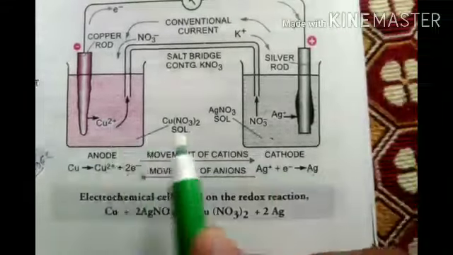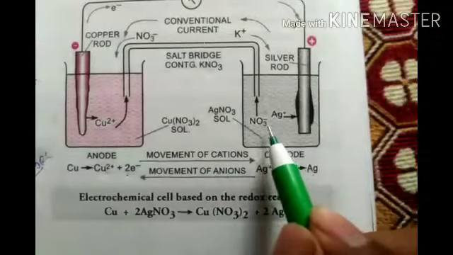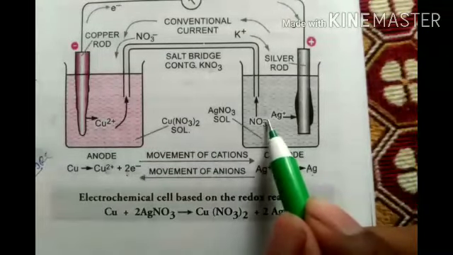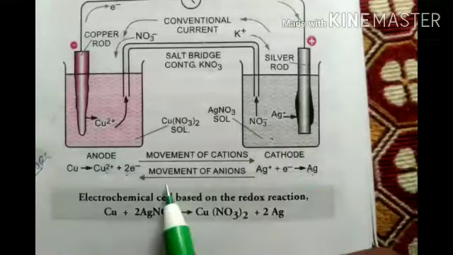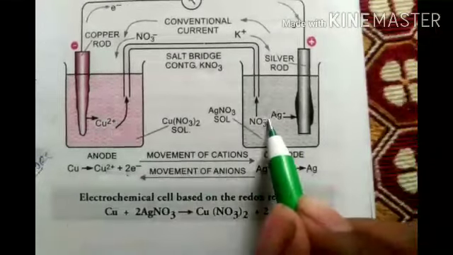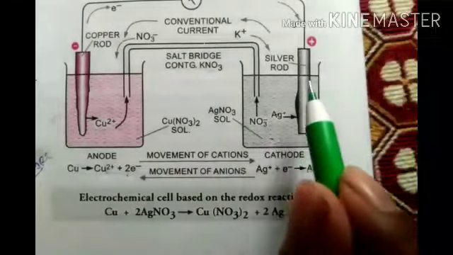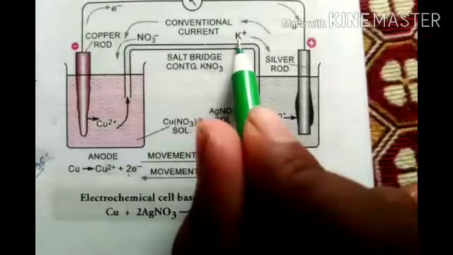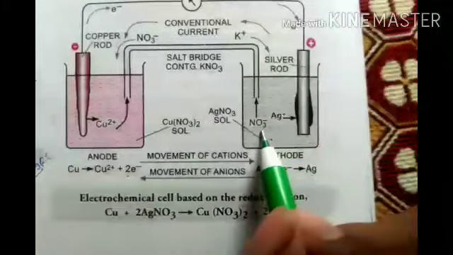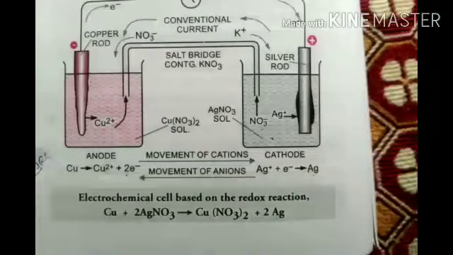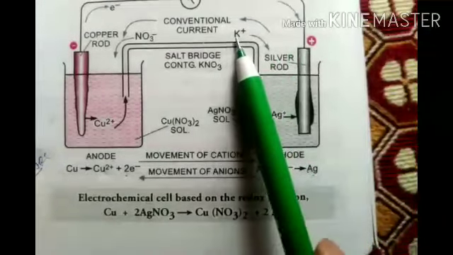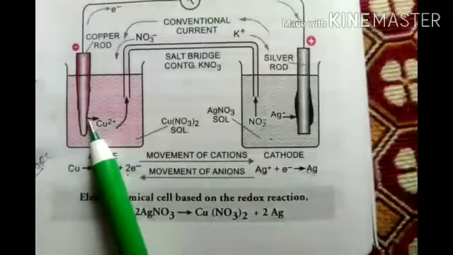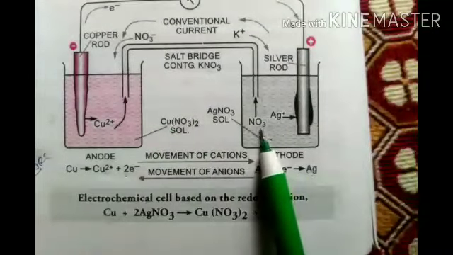Here positive is produced, here negative is produced. The anions move from the positive pole side to the negative pole side. Suddenly K plus will come here and it is neutralized. If K is not there, this one will come here.